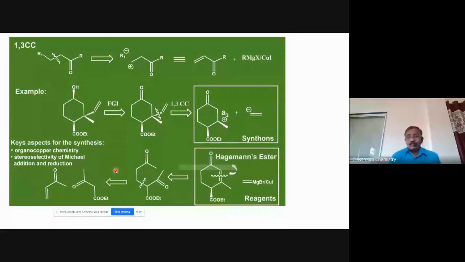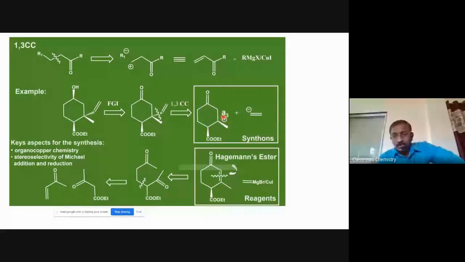Now, further, when we try to disconnect such kind of molecule to form a double bond, how can we obtain such a situation? If you observe, this is 1, 2, 3, and this is also 1, 2, 3. As we attack this nucleophile over here, we have to form a double bond.